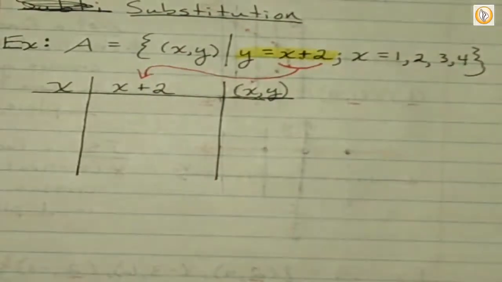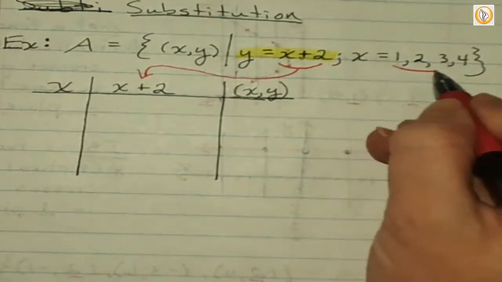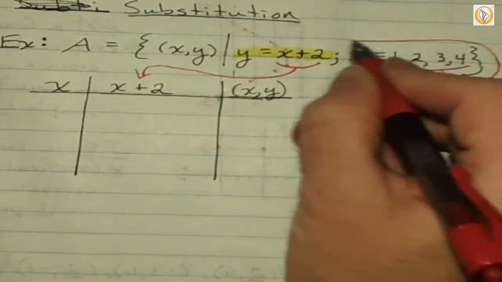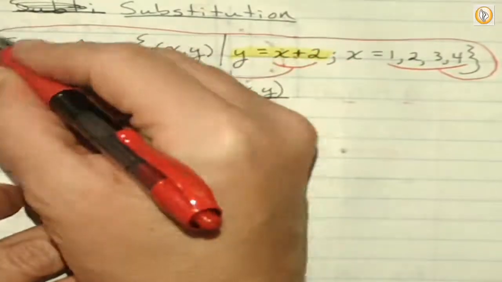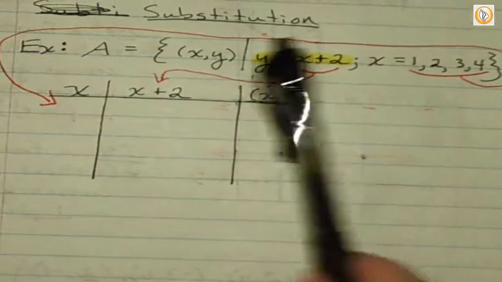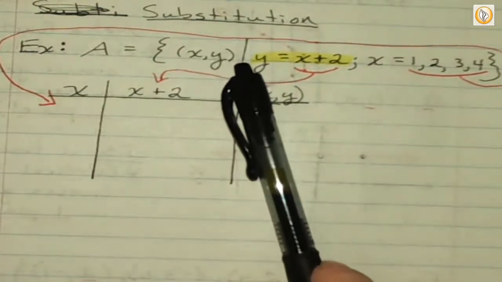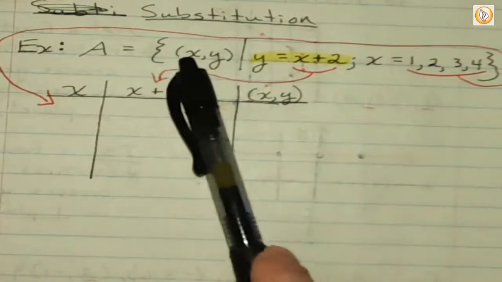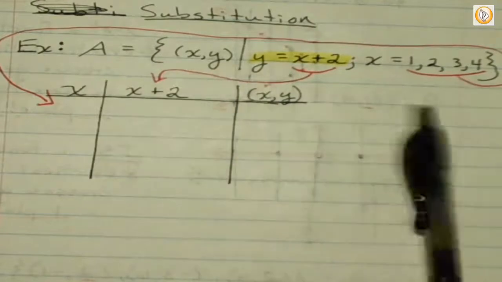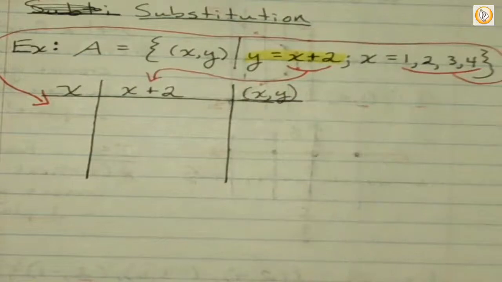And this stuff, it says X equals, guess what we're going to do with that? We're going to put those numbers over here in this column. This line right here, don't even worry about it. They're basically saying, here's your relation, find out if this is a function.